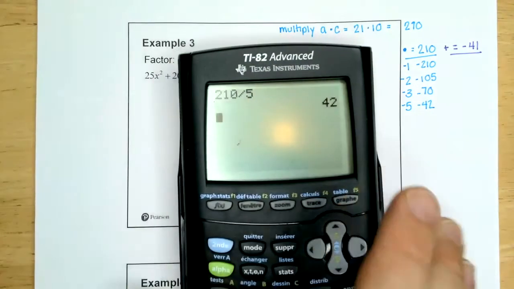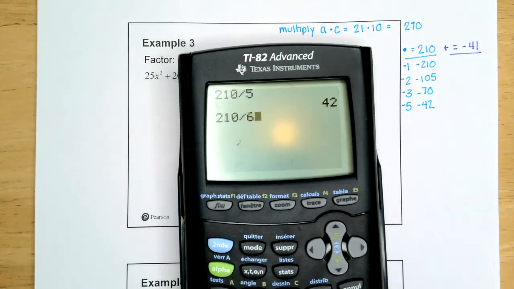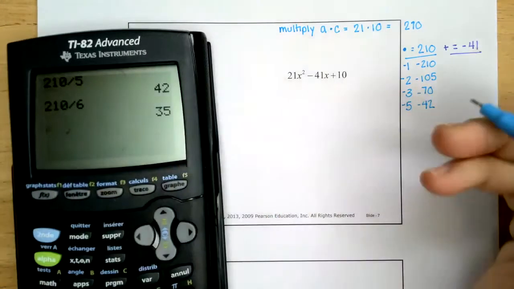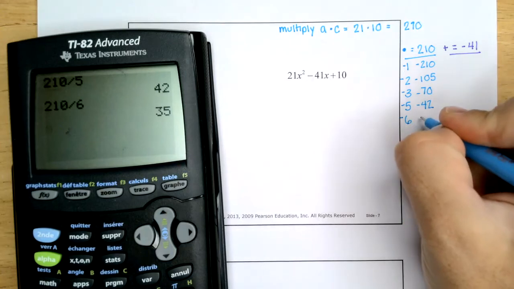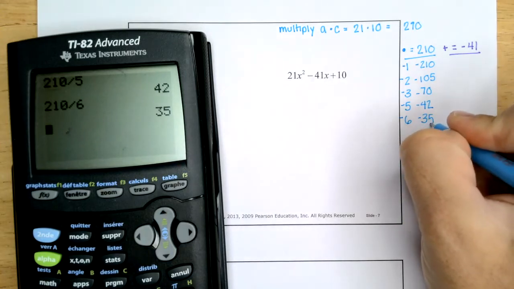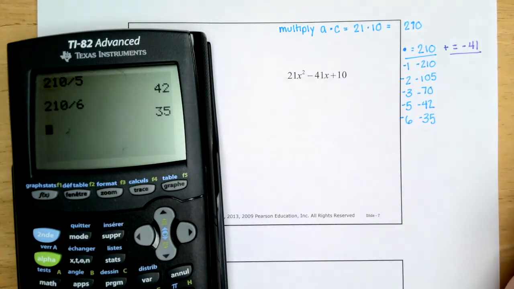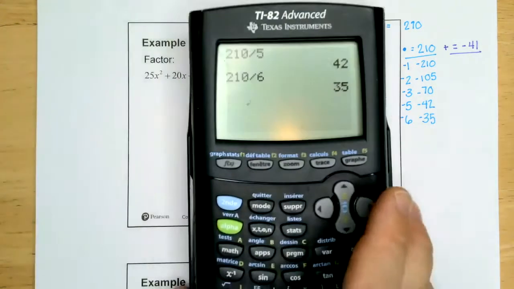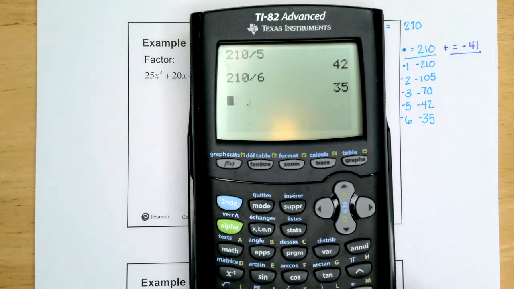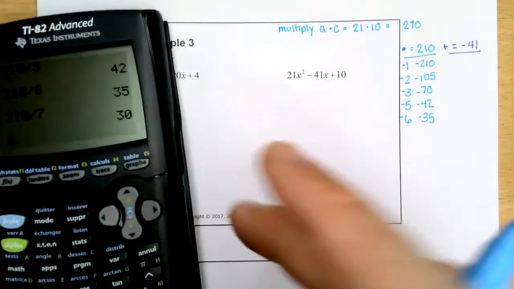Can we do 210 divided by 6? Yes, we get 35. What else can we do? We can do divided by 10, right? 210 divided by 7. We already did that. Oh, 7 and 30, sorry.